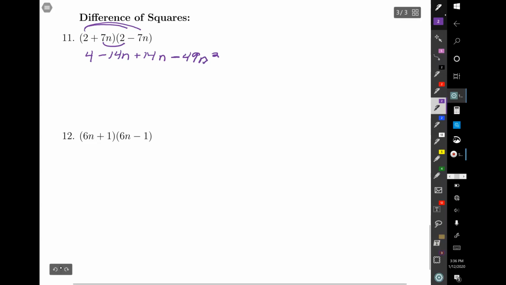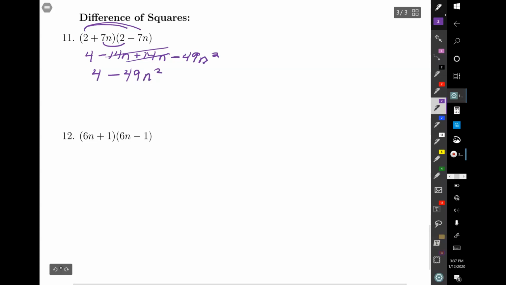Now cancel means that they literally go out to 0. So I have my first one is 4 and then minus 14n plus 14n. When I combine those like terms, they just cancel right out and I have minus 49n squared.